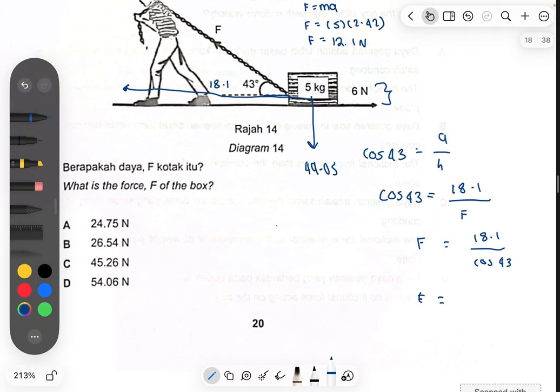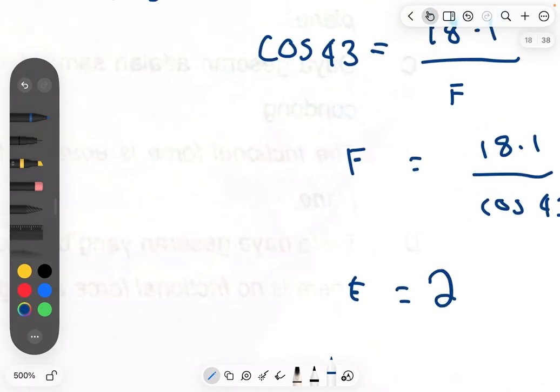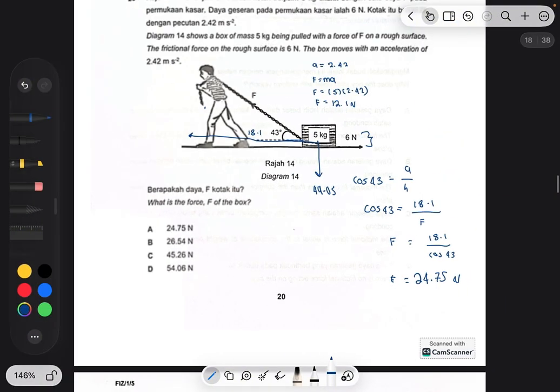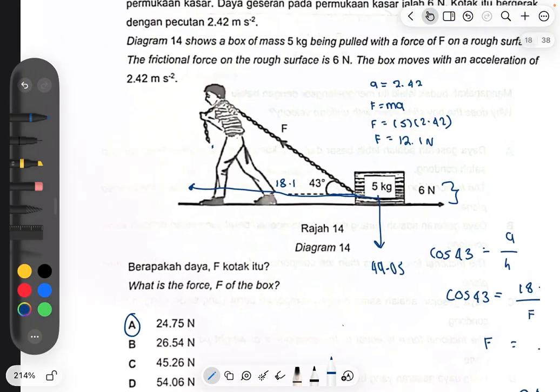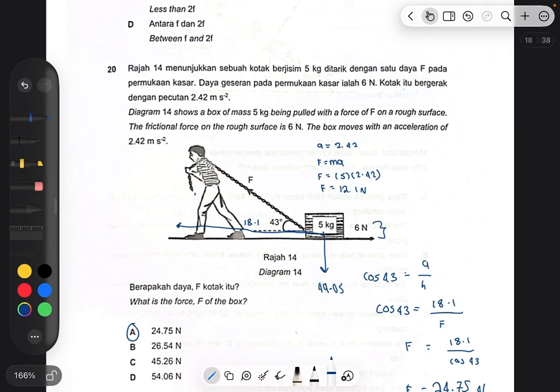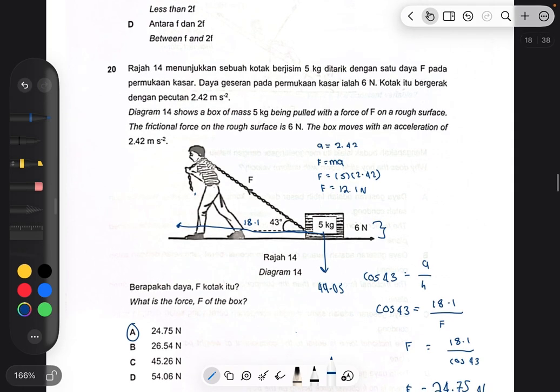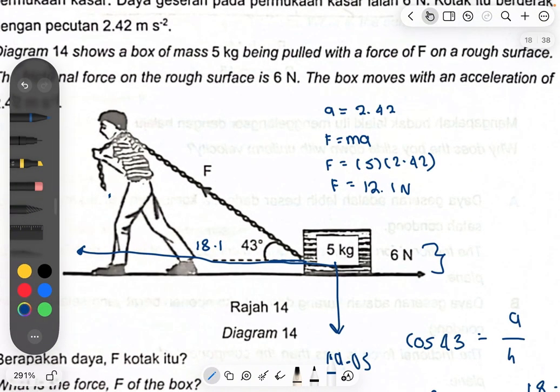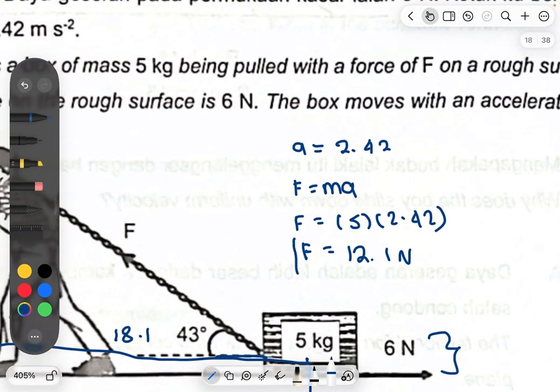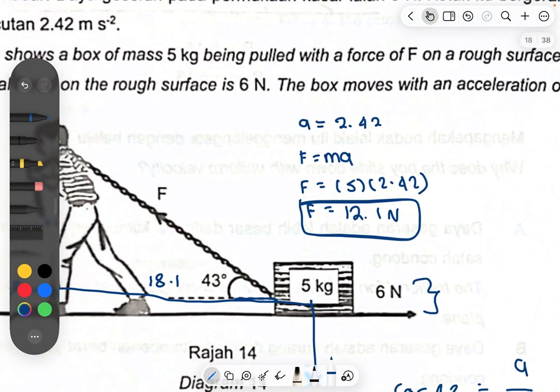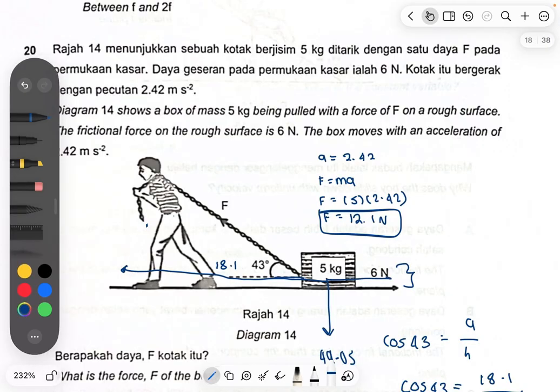So F would be equal to 20. Yup, I got it. Is it the answer? Finally, is it the answer? Oh, but I don't remember using this method. I used a different method. The answer for 20 is A. Yes!